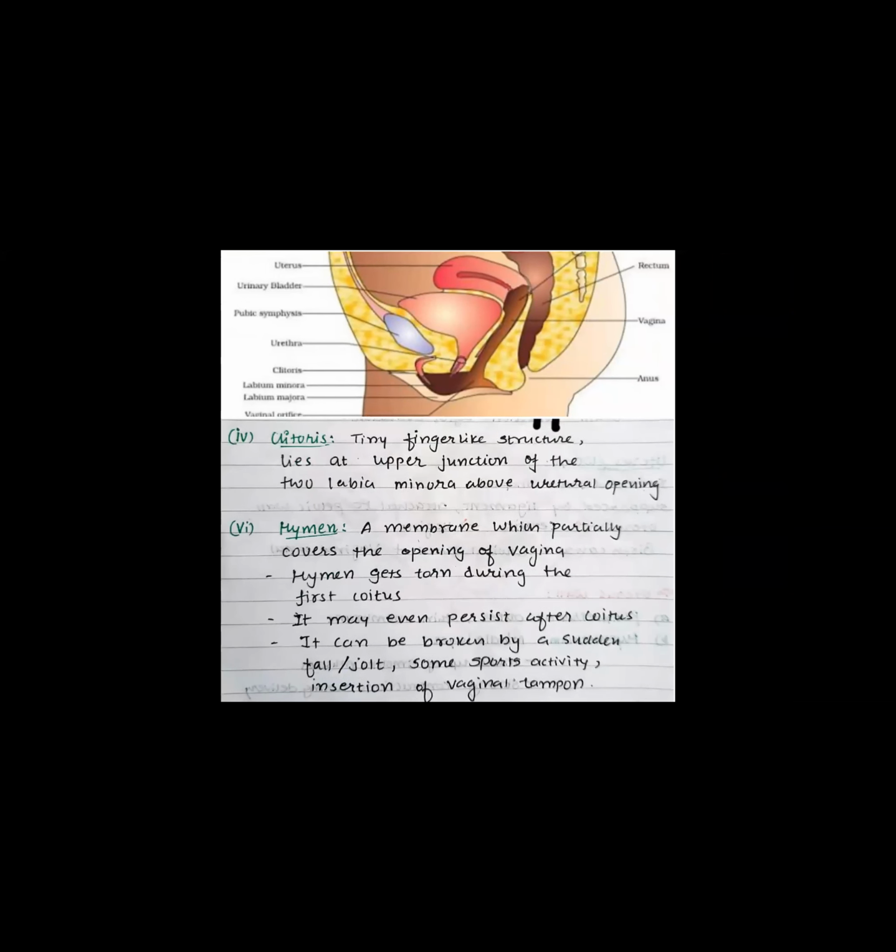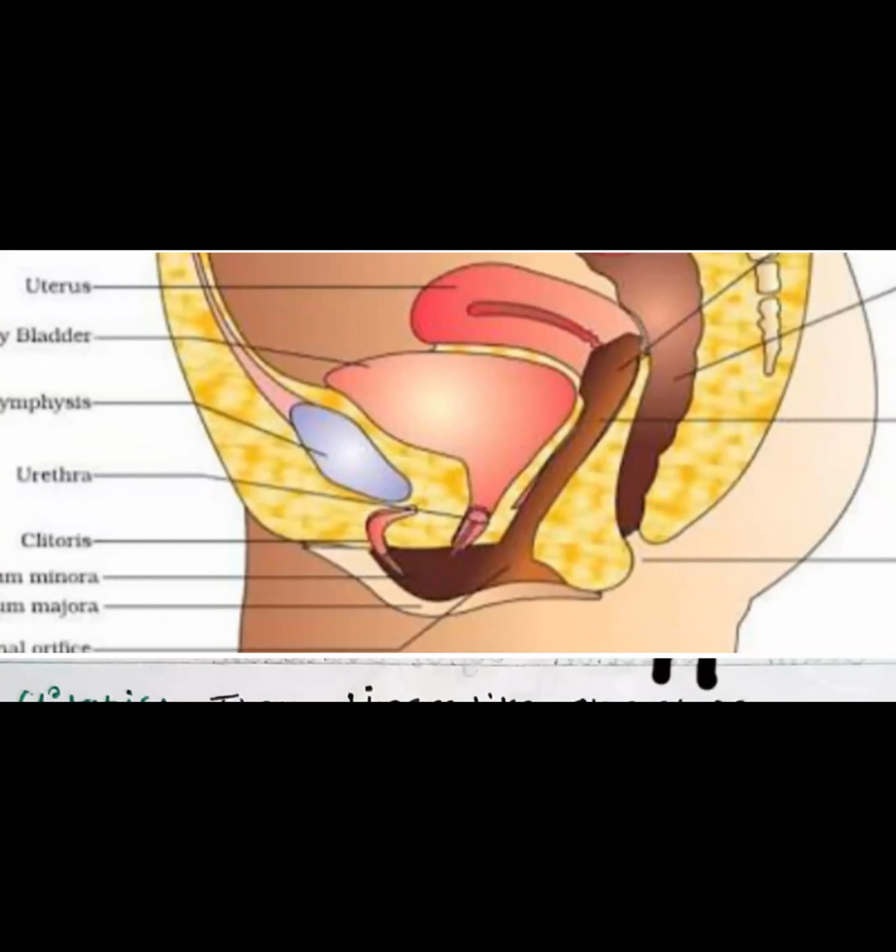In the female reproductive system, a tiny finger-like structure lying at the upper junction of the two labia is called the clitoris. What is special about the tissue present in it? Yes, it is equivalent to the erectile tissue of the penis.